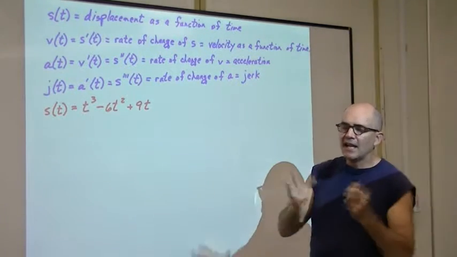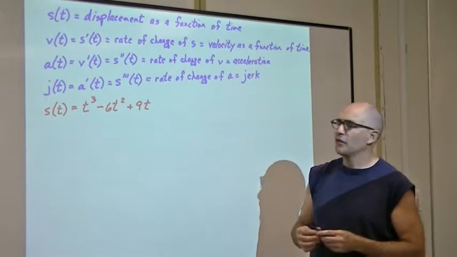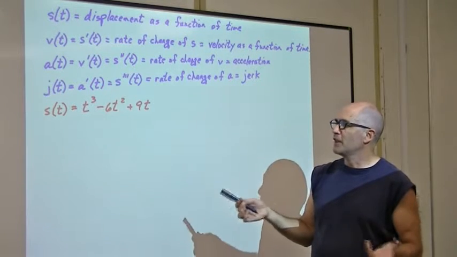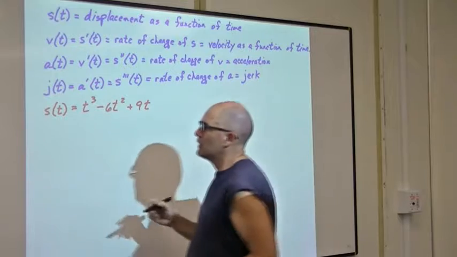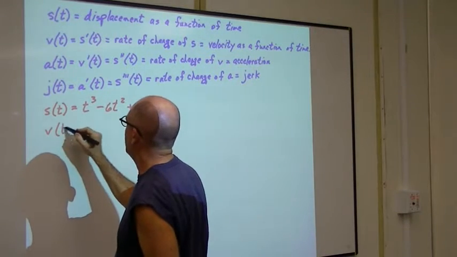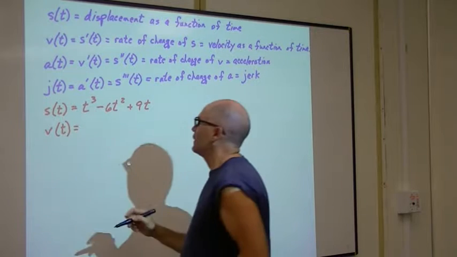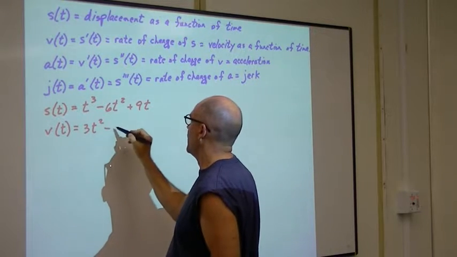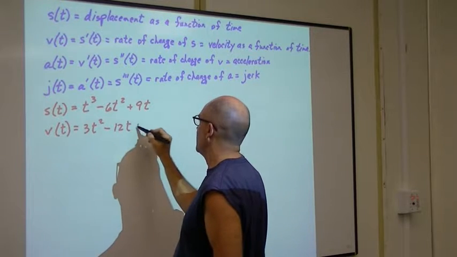That means at any time we'll be able to find the acceleration. If I want the acceleration, first I have to get the velocity. So velocity is going to be the derivative of displacement, so that's 3t squared minus 12t plus 9.